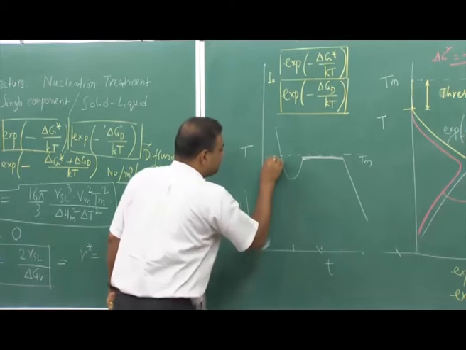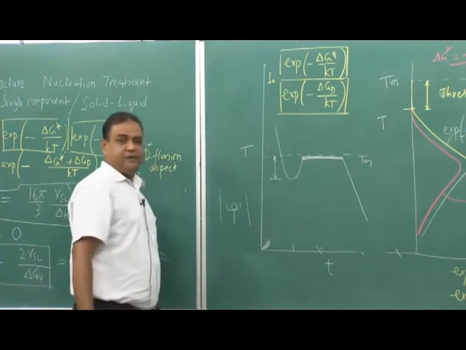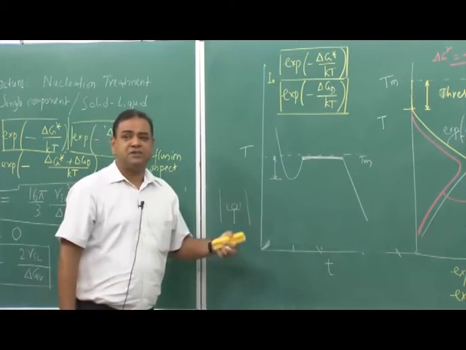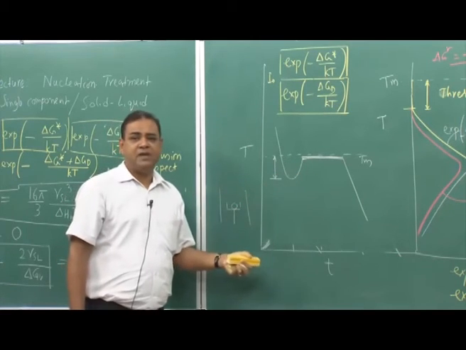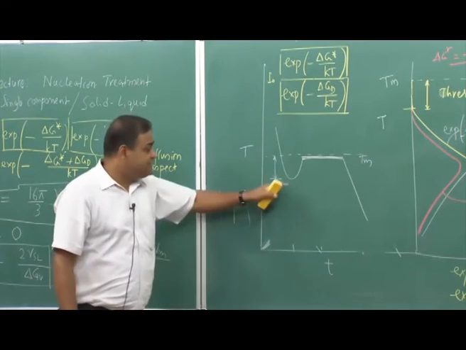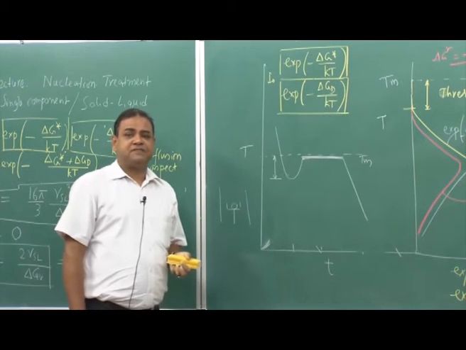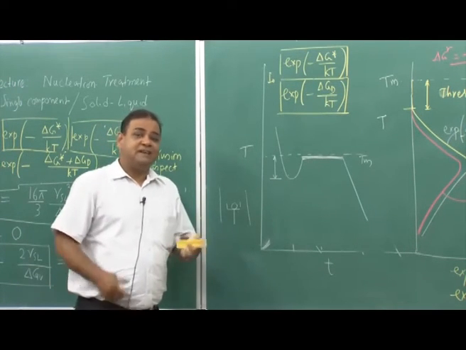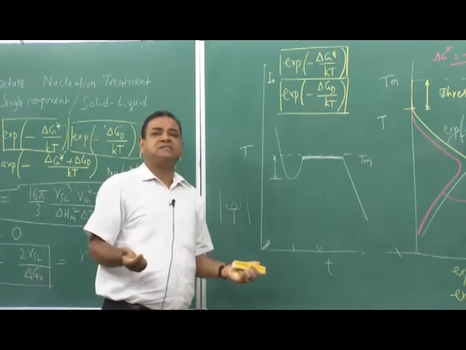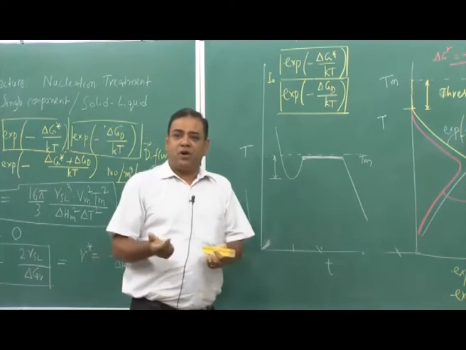But if we see this drop, the liquid temperature drops far below the melting point before the solid appears, and this happens because of the interface energy term. This interface energy, which is a positive contribution, does not allow the total system energy to go down the hill.